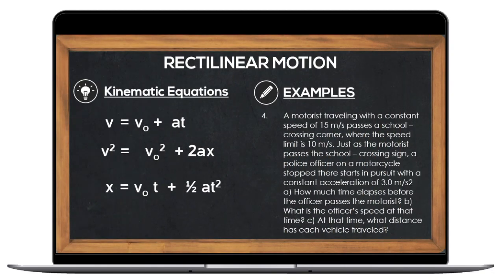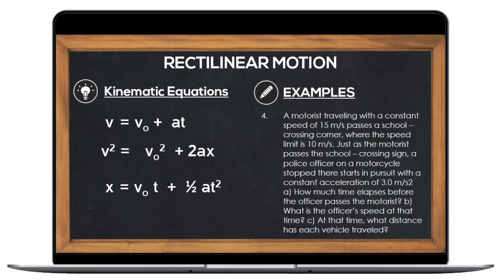So for the fourth problem, a motorist traveling with a constant speed of 15 meter per second passes a school crossing corner where the speed limit is just 10 meter per second. So overspeeding.